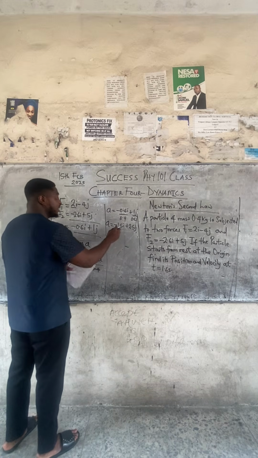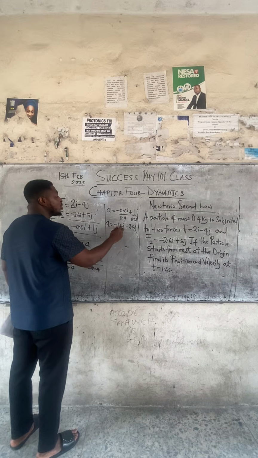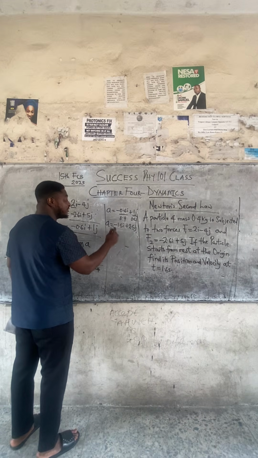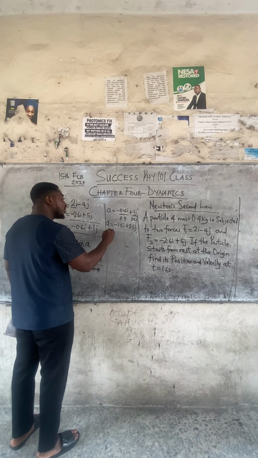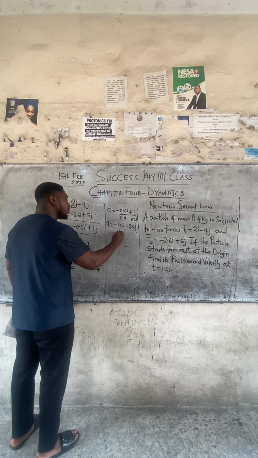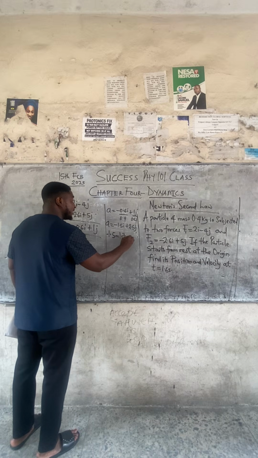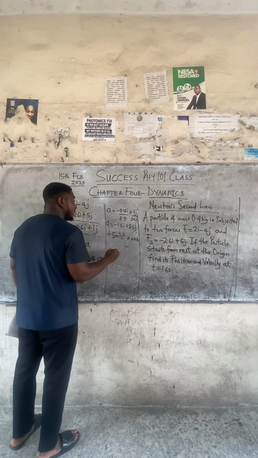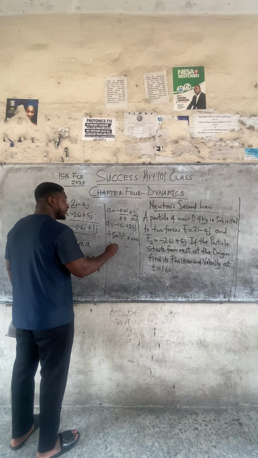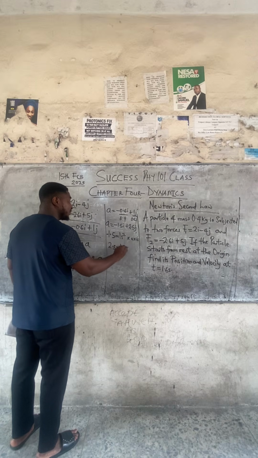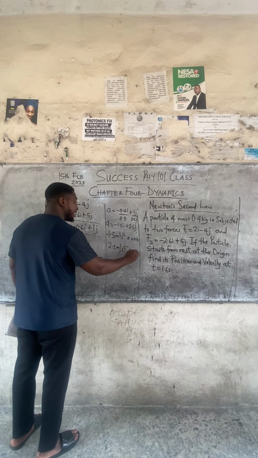Class, this is our acceleration. Acceleration is minus 1.5i plus 2.5j. This means that the body has minus 1.5 meter per second square on the x-axis, and 2.5 meter per second square on the y.